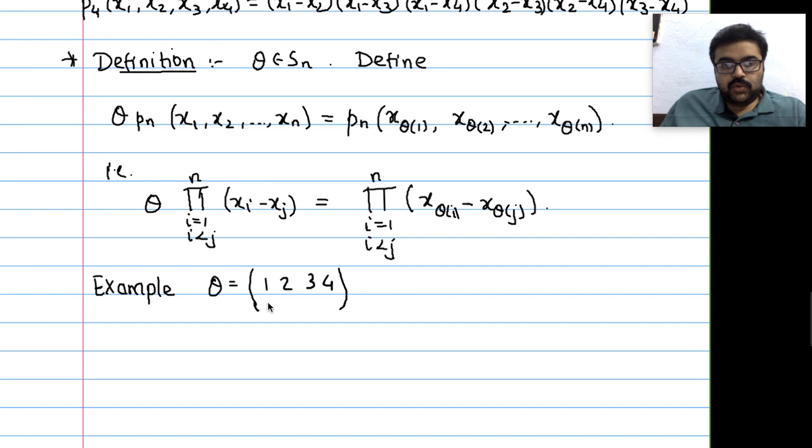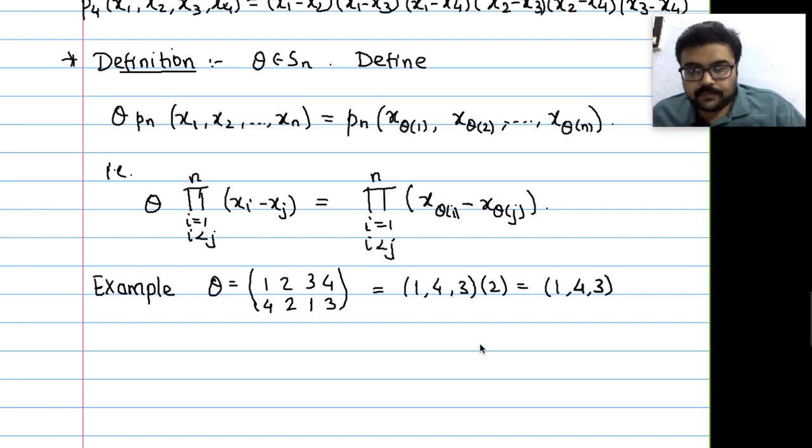Let us say 1 goes to 4, 4 goes to 3, 3 goes to 1, and 2 is 2. So theta is a cycle: 1 goes to 4, 4 goes to 3, 3 goes to 1, and 2 is fixed. We can write this as the cycle (1 4 3). So what is theta of P4?